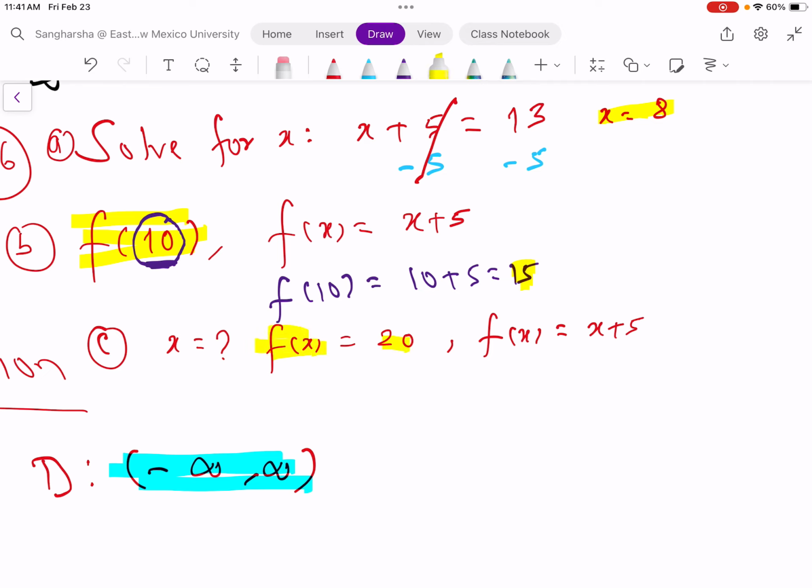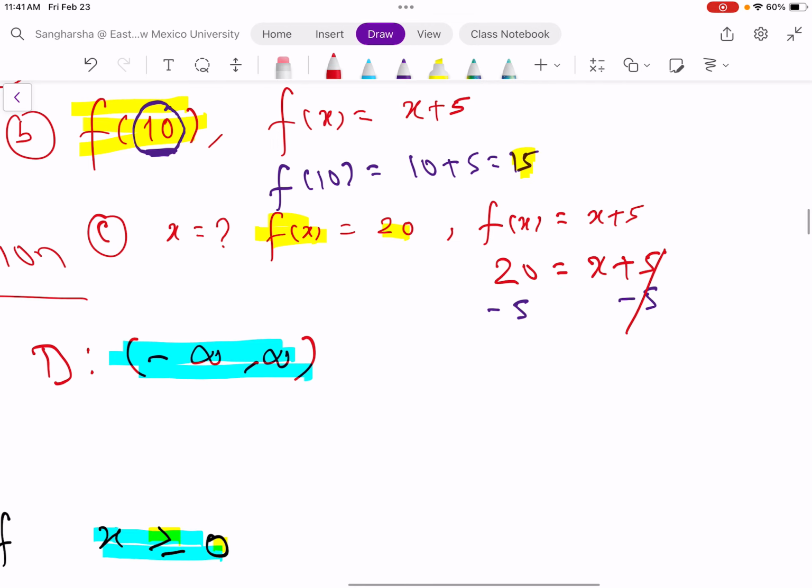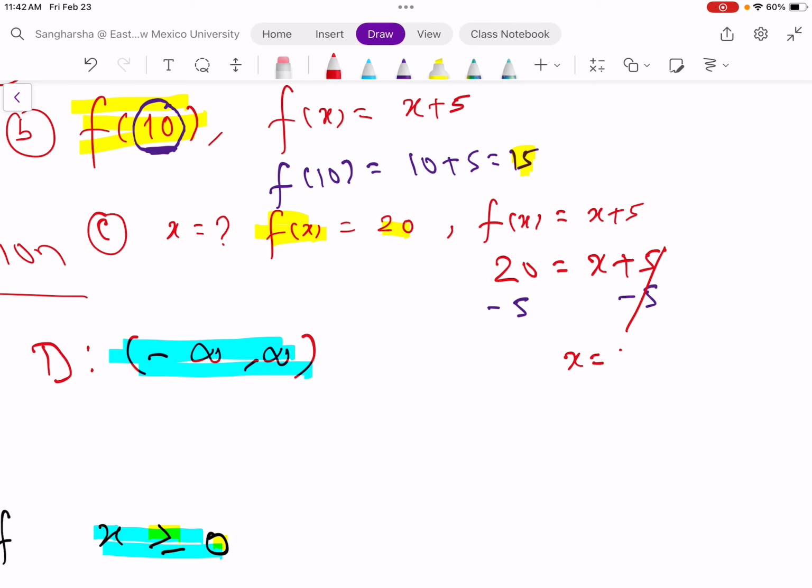So you substitute 20 for f of x. So you have 20 equals x plus 5. This is an equation. We solve it. You subtract 5 on both sides, and this cancels. Our x is 15. So the input is 15.